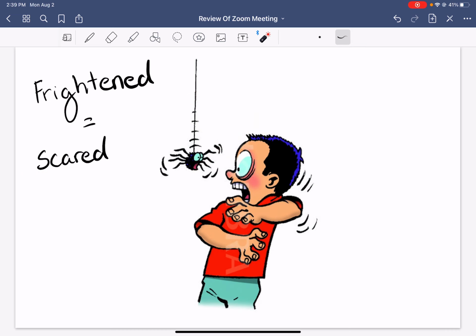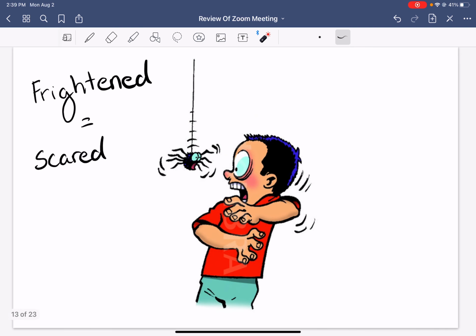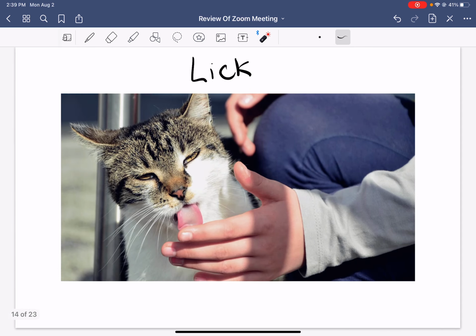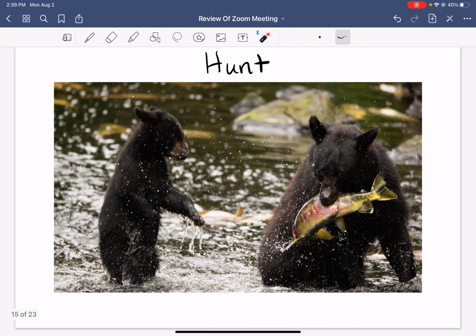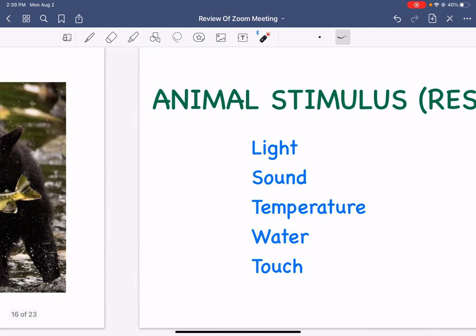He's scared of the spider. We also learned one more word, lick. This cat is licking the finger. We learned hunt. Hunt means to catch something. These bears are hunting the fish.